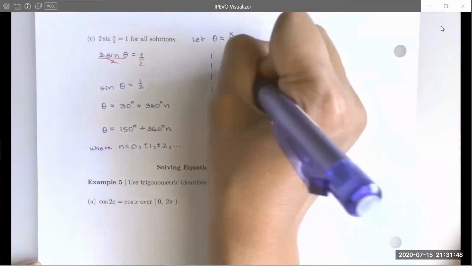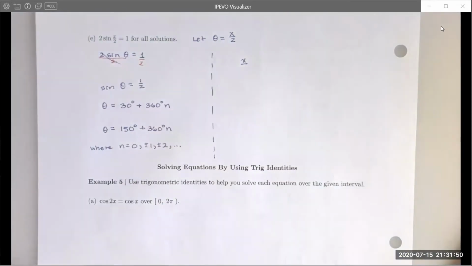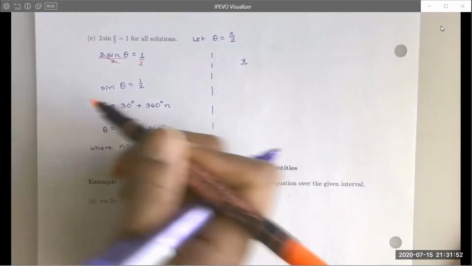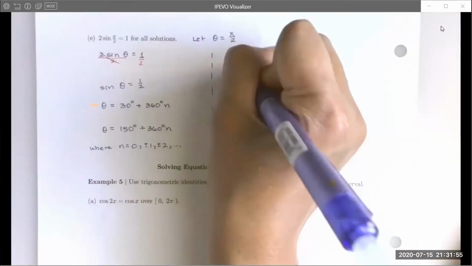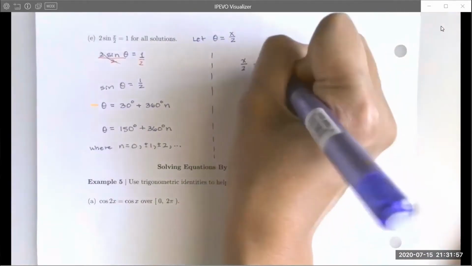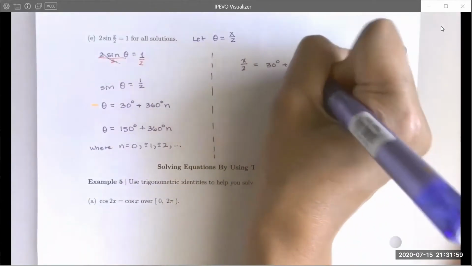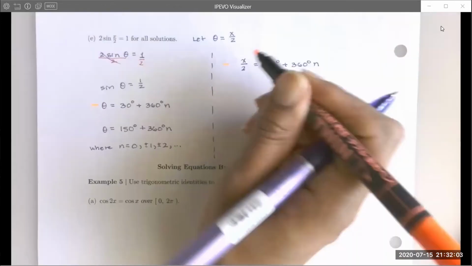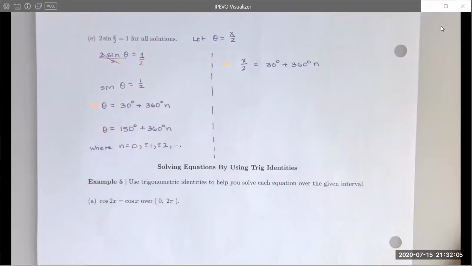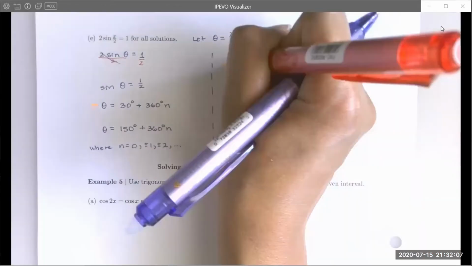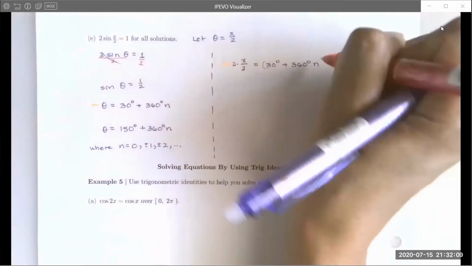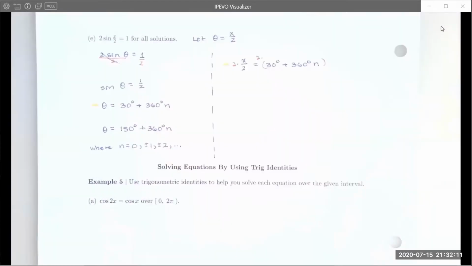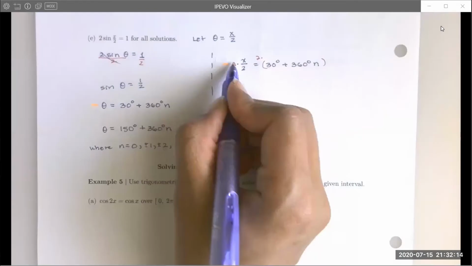So if I replace into this first equation, I'm going to get x over 2 is equal to 30 degrees plus 360 degrees times n. And then in order to isolate the x, I would have to multiply both sides by 2. So multiplying by 2, these are going to cancel.